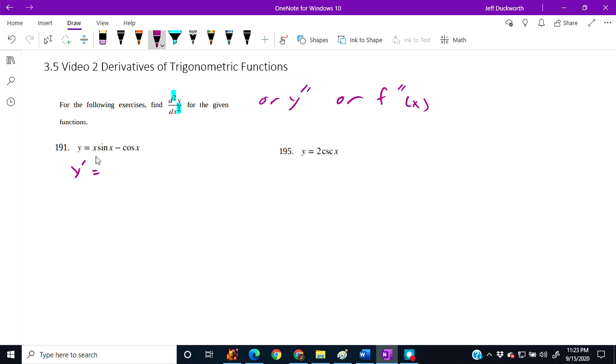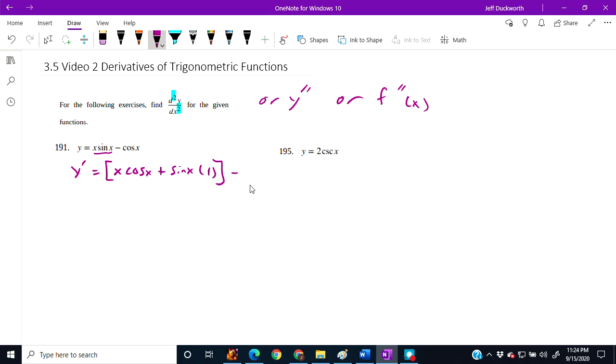So we have a product rule for this, x sine of x. So we have first times derivative of sine, which is cosine, plus the second times derivative of the first. So we have sine x times 1, not times x. So that's the product rule for the first one.